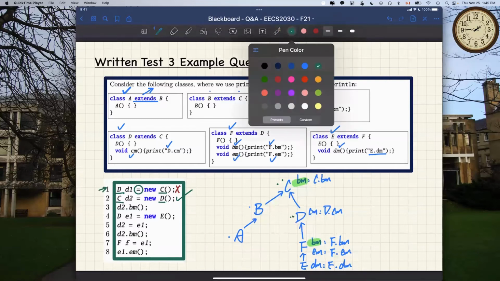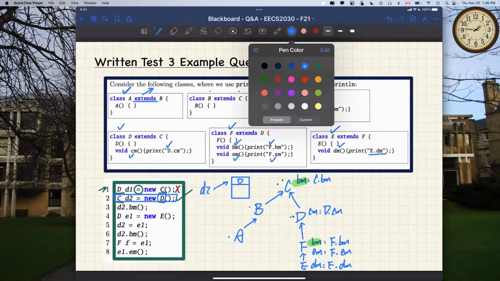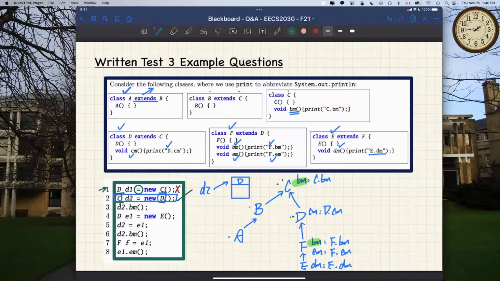So now in this case, let me just visualize it over here. So you actually got D2 pointing to some object over here. Dynamically, it's actually D. For D2, statically, it's C. Okay, I'm just visualizing it.